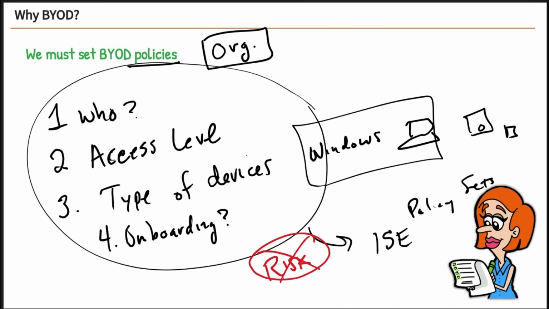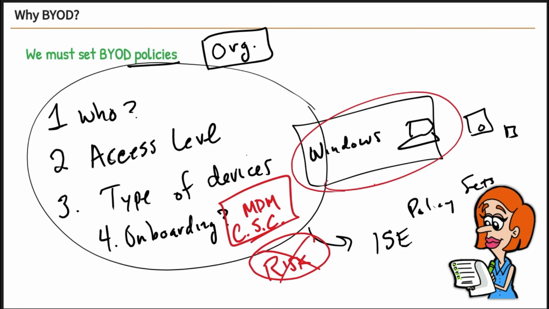So at this point, again, I had mentioned MDM or the Cisco Secure client. Either one of those might be necessary in order for a device to be allowed into the internal network. Because again, with these, we're going to be able to gain insights about the device. And really, that's going to help us to judge whether we should allow that device onto the internal network or not.